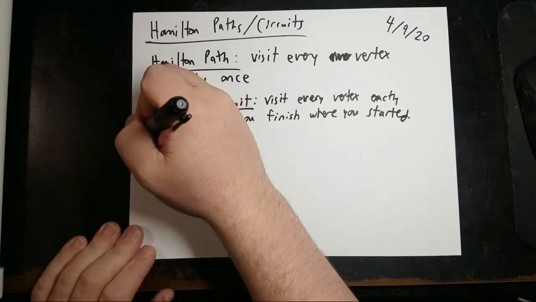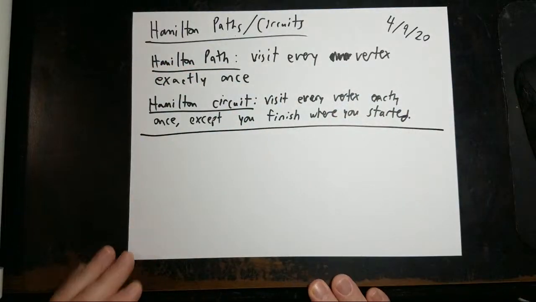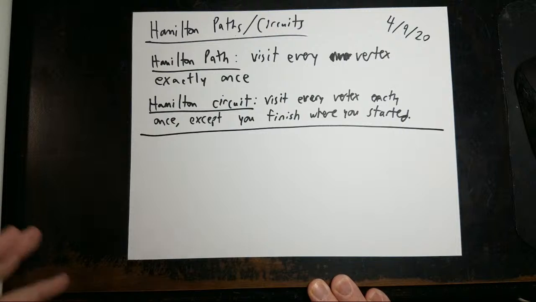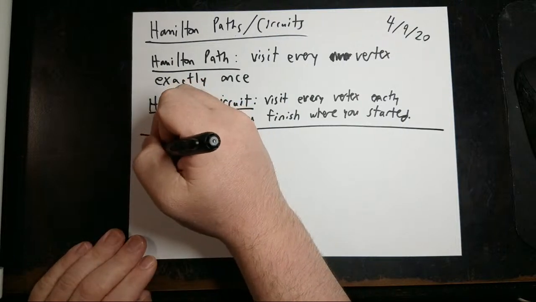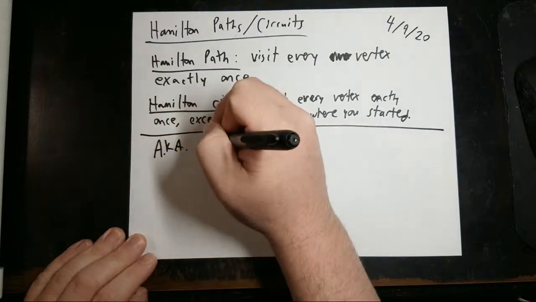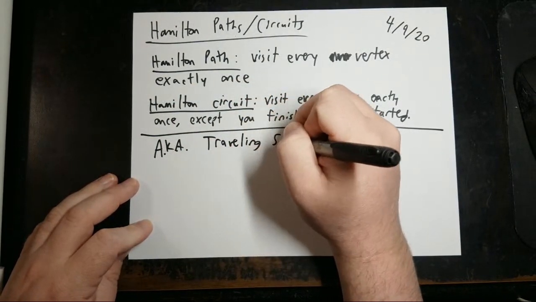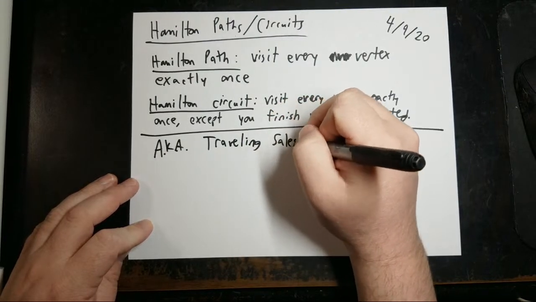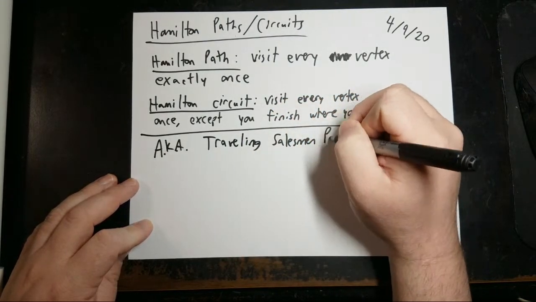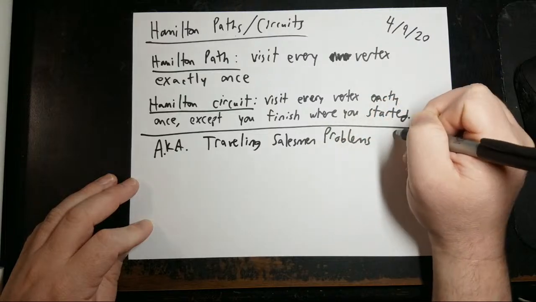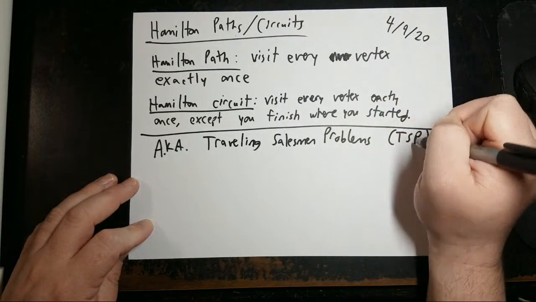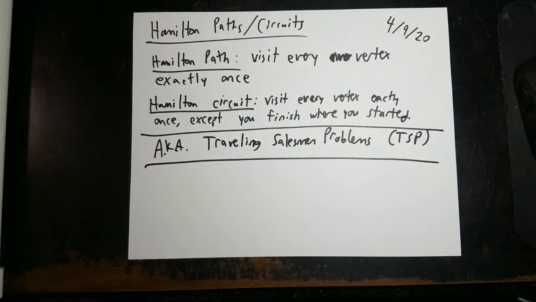These types of problems that you're going to be faced with, referred to as Hamilton path and circuit problems, are also known as traveling salesman problems, or TSP. You may see that through various problems that we may end up doing online. They may refer to them as traveling salesman problems.